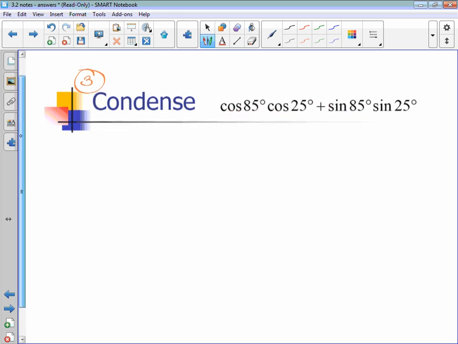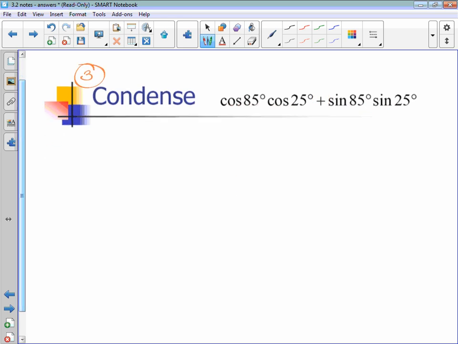Alright, so different directions here. Now it says condense, and I give you this big expanded formula. So jot it down and I'll show you what we're doing. These are actually the easiest ones on this section.